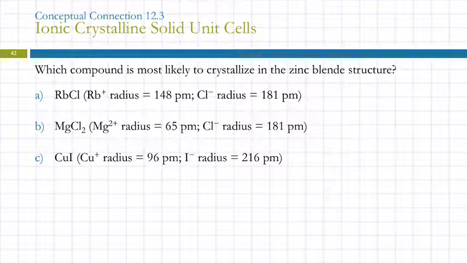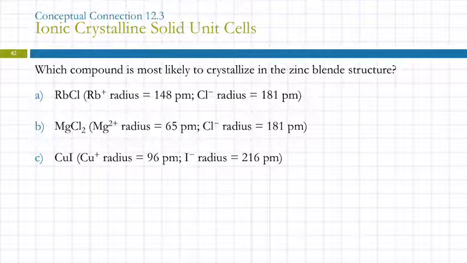So if we're doing zinc blend, what are we looking for? What would the ratio of cation to anion be in the zinc blend? So fluorite was the 1-to-2. Anti-fluorite is the opposite, 2-to-1. So this is zinc blend.